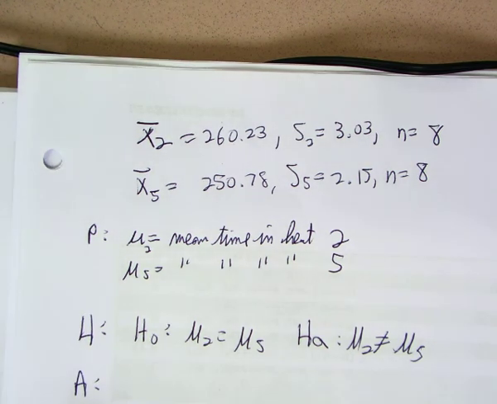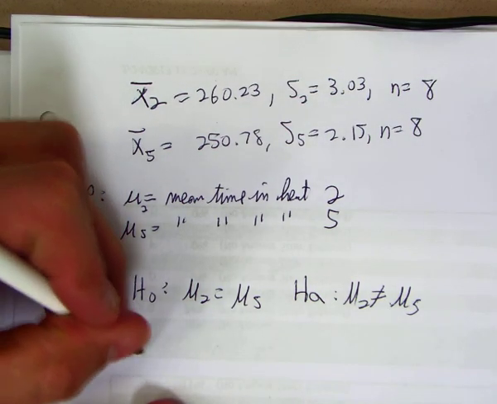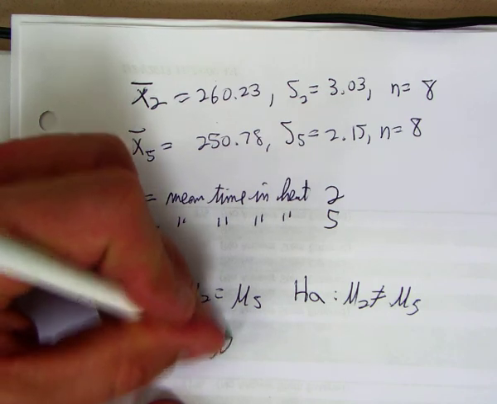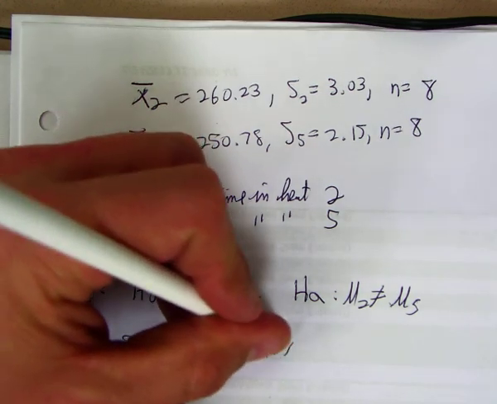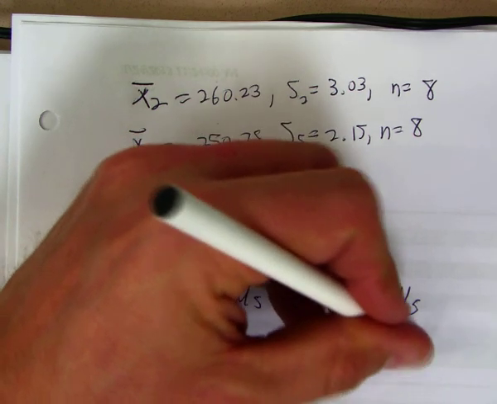The assumptions and conditions. Okay. In this case, 8 is less than 10% for both heats.